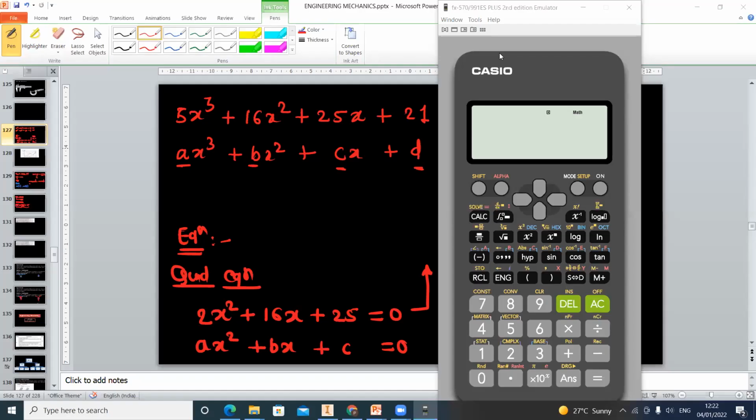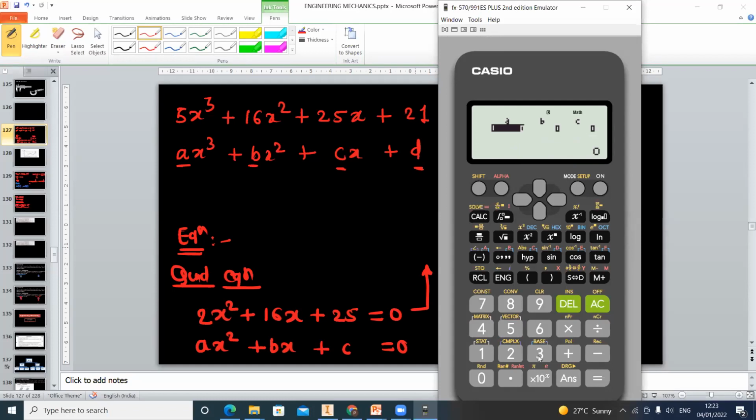Now to solve this cubic equation, that means to find the roots of this equation, press the mode option, then select the fifth option, which is equation, select the fourth option, which is cubic, and then enter the constants a, b, c, and d.